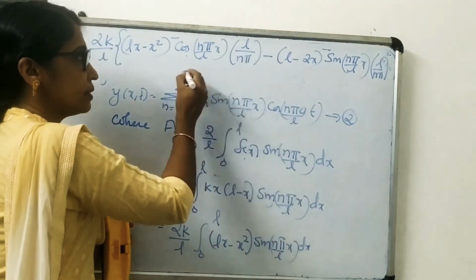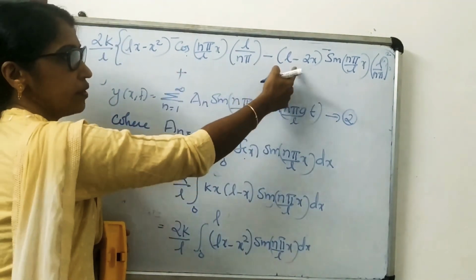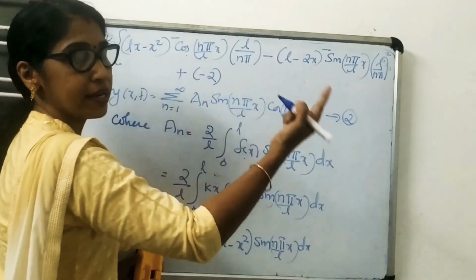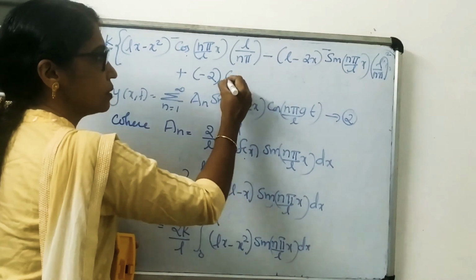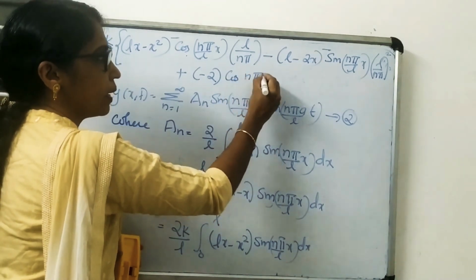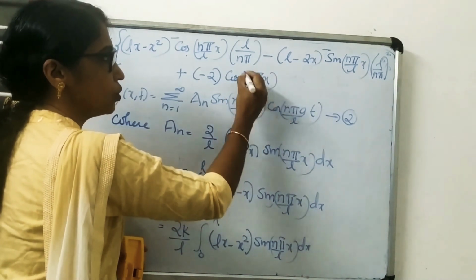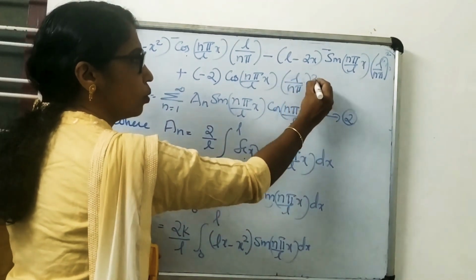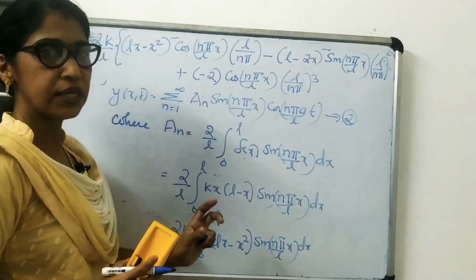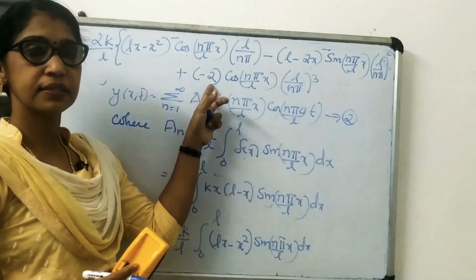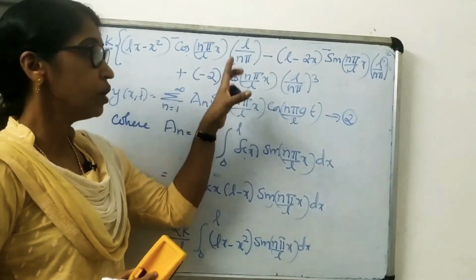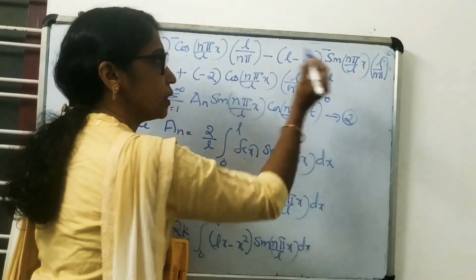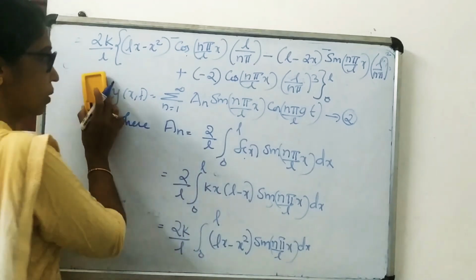Now the next sign is plus. Derivative of this one is minus 2 and integral of sine is minus cos and this minus becomes plus. So cos n pi by Lx into, this becomes L by n pi the whole cube. Integration is completed. Since derivative of this term is 0, we stop the integration here, and the limit is 0 to L. Okay.